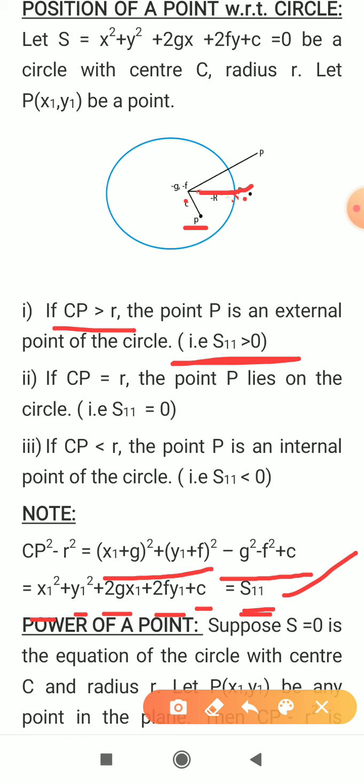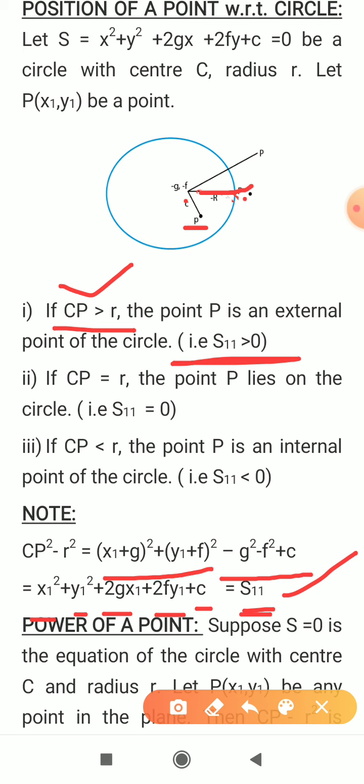Using CP greater than R is difficult. To find CP, first of all find the distance between C and P and find the relation between R and CP. That is somewhat more difficult. But here, to find S11 is very simple. Substitute the point x1, y1 in the given circle equation.